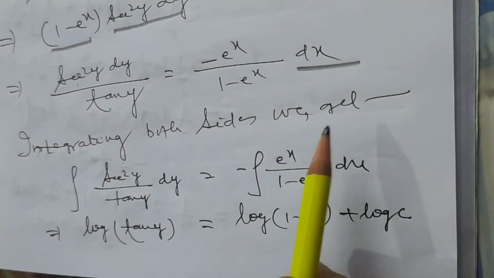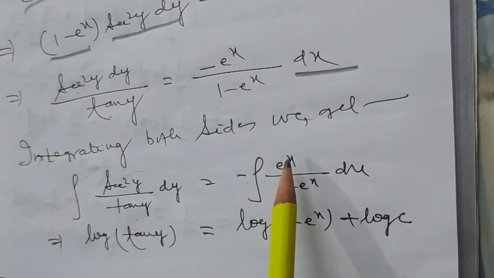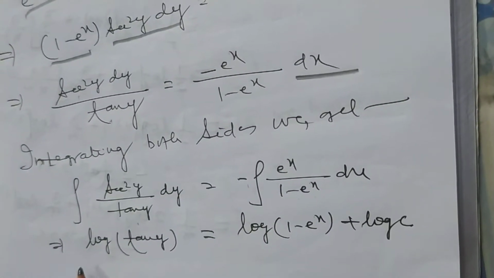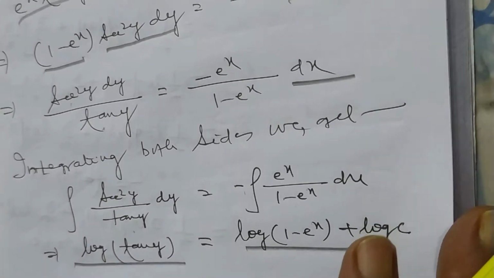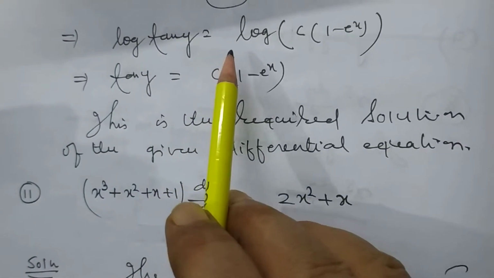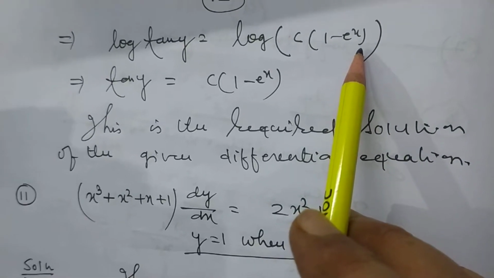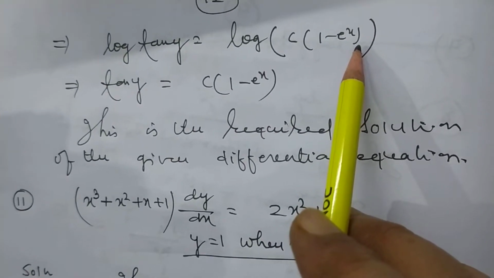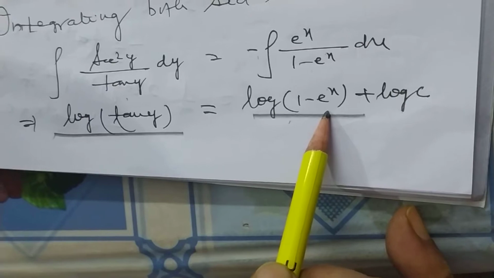So integrating both sides, we get integral of sec square y by tan y dy is equal to minus e to the power x by 1 minus e to the power x dx. So it is log tan y is equal to log of 1 minus e to the power x plus log c. So my dear student, in this way log tan y is equal to log c into 1 minus e to the power x.